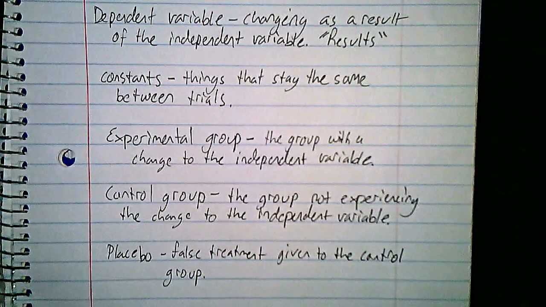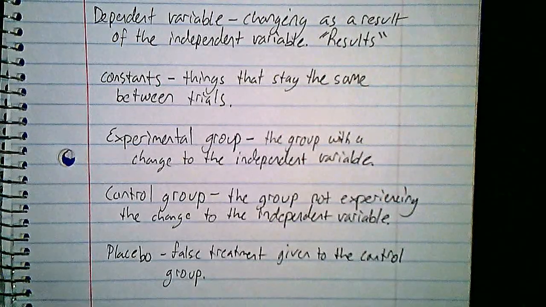The reason we do this is this thing called the placebo effect, where somebody is given medicine and they think, oh, I'm given medicine, I must feel better. So if I give the control group this medicine and 70% of them feel better, that tells me that maybe the experimental group, the change was not because of the medicine, but it was because of this placebo effect that's happening to people.